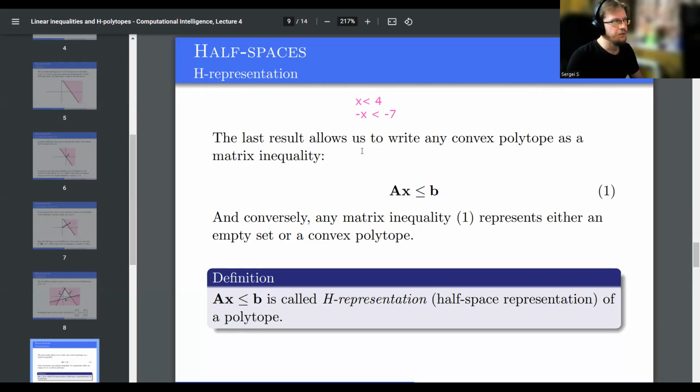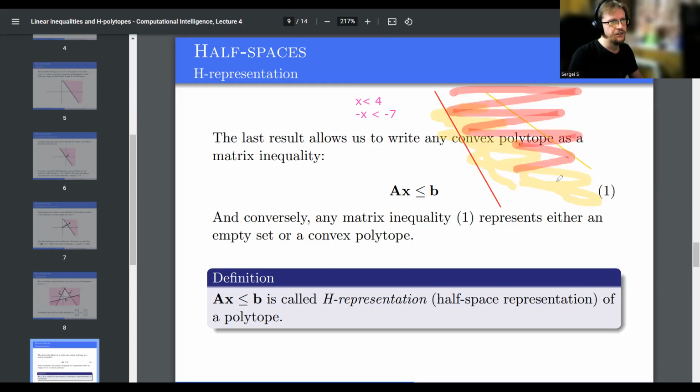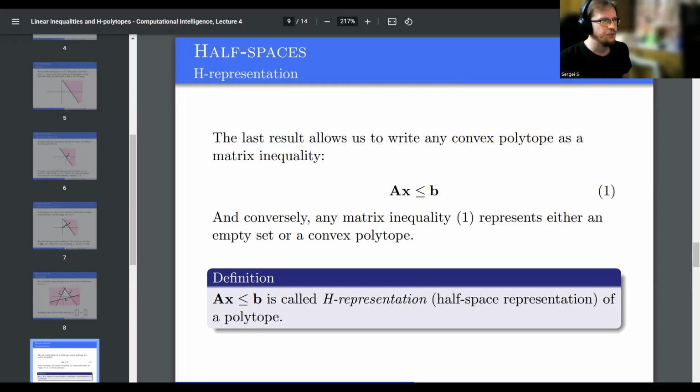It is like cutting off everything on the left of one inequality, say everything yellow, and then cutting off everything on the right of the other inequality, everything red, and you cut off everything. There is nothing left. So an empty set is quite possible.